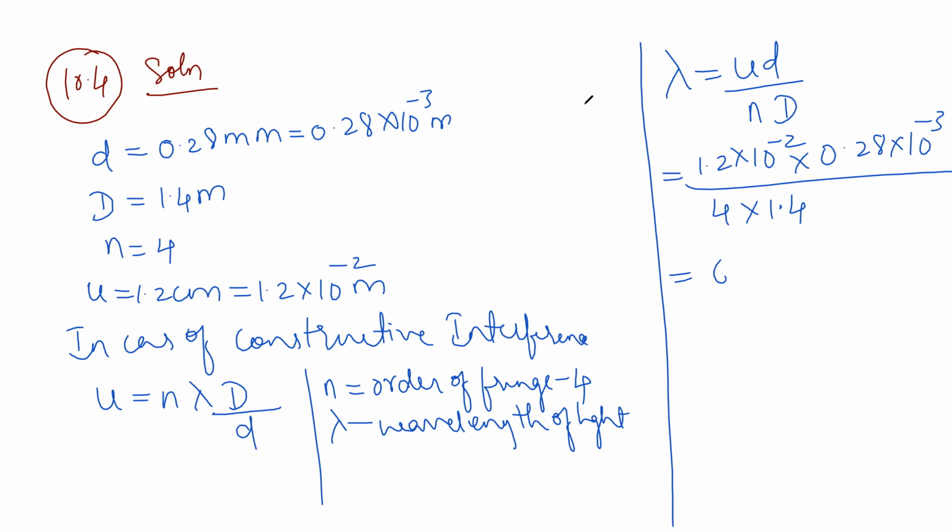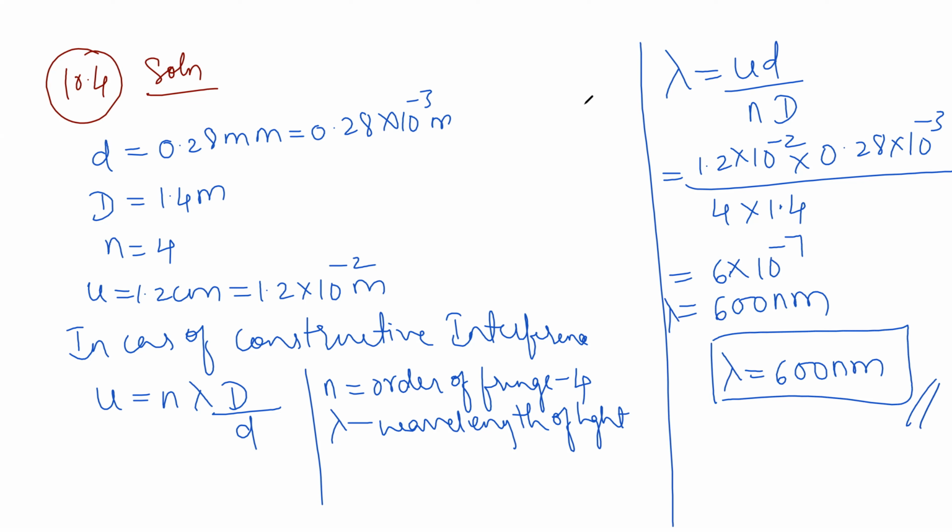After simplification, we are getting 6 into 10 to the power of minus 7, or you can convert in terms of nanometer. So this is the wavelength. Therefore, wavelength of light used is 600 nanometer. So this is the solution for 10.4.